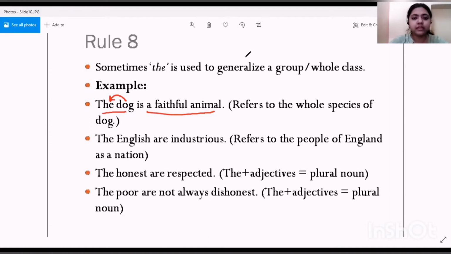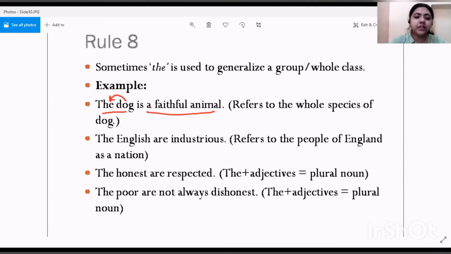And this makes this dog now refer to the class of all the dogs. Okay, so the whole species of dog is being talked about here, because all dogs are faithful. So instead of saying that, we are making it a generalized group, the dog.